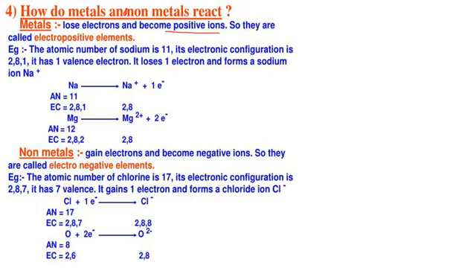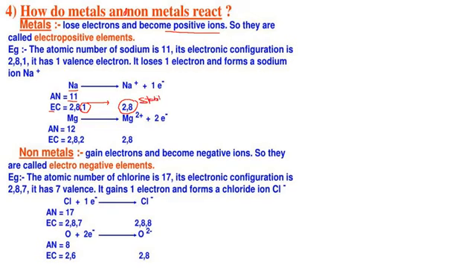So let's see a metal over here, that is sodium. The atomic number of sodium is 11 and electronic configuration is 2, 8, 1. In the outermost shell, sodium has one electron. If sodium loses this electron, then sodium will get an octet state. Octet state is a very stable state.